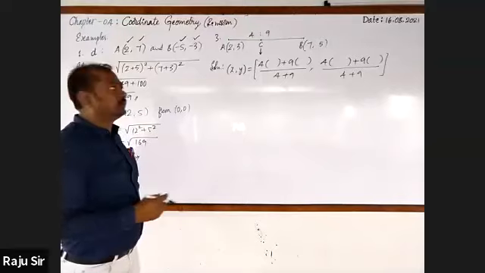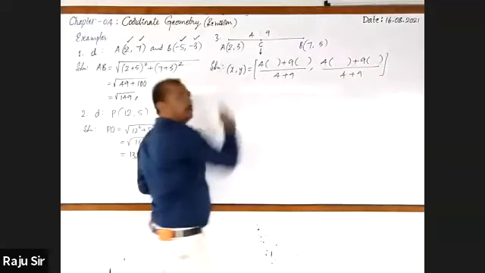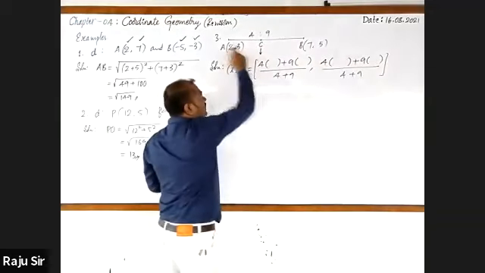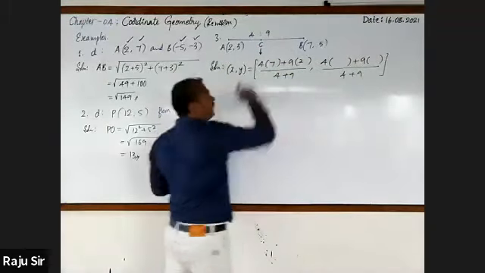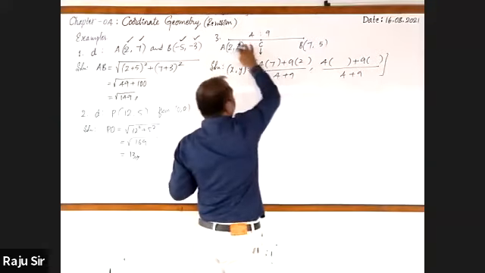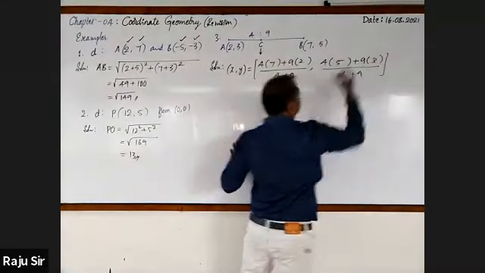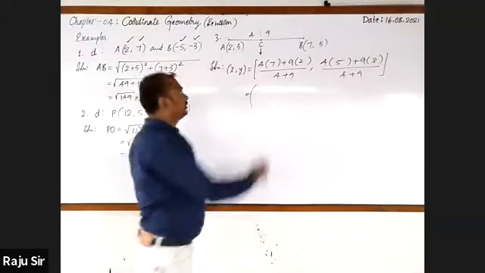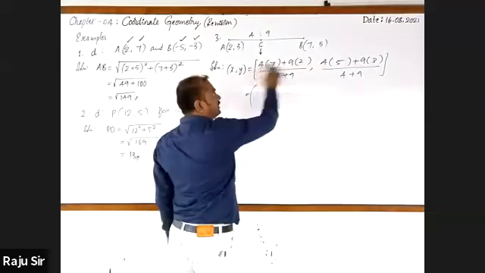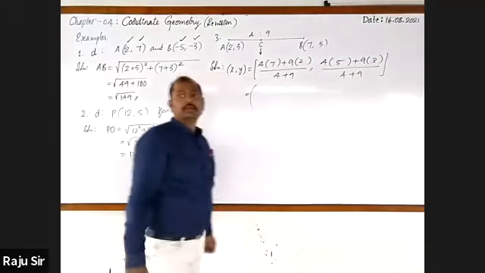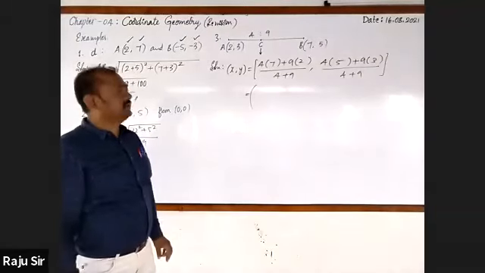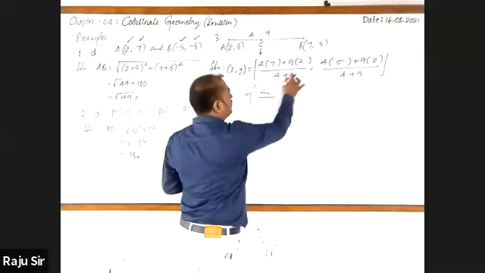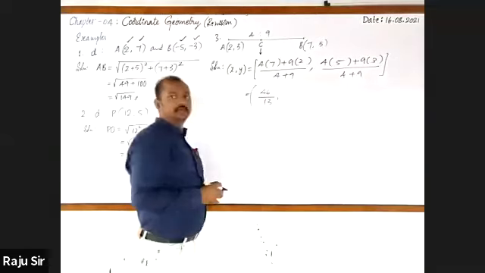Then we have to substitute x2, x1. x2 is 7, x1 is 2. Next, y2, y1, it is 5 and 3. Now, you can find it out. 7 4s are 28, 9 2s are 18, 28 plus 18 is 46. 46 by 4 plus 9, that is 13.